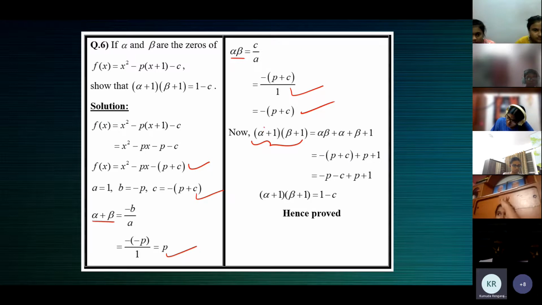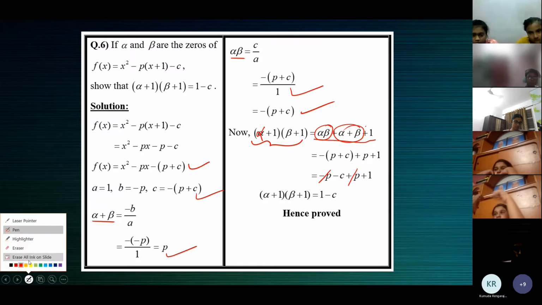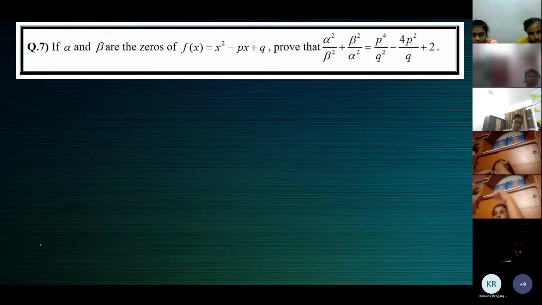Since we can't substitute for alpha plus 1 or beta plus 1, we have to open the bracket. On multiplying, this is what we get. Now we know the values of alpha plus beta and alpha beta, so we substitute. Minus p plus p gets cancelled, 1 minus c. Write down the question.